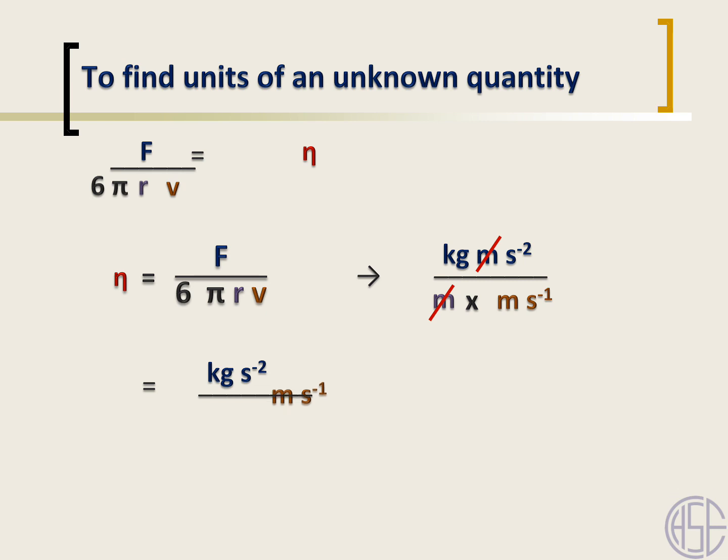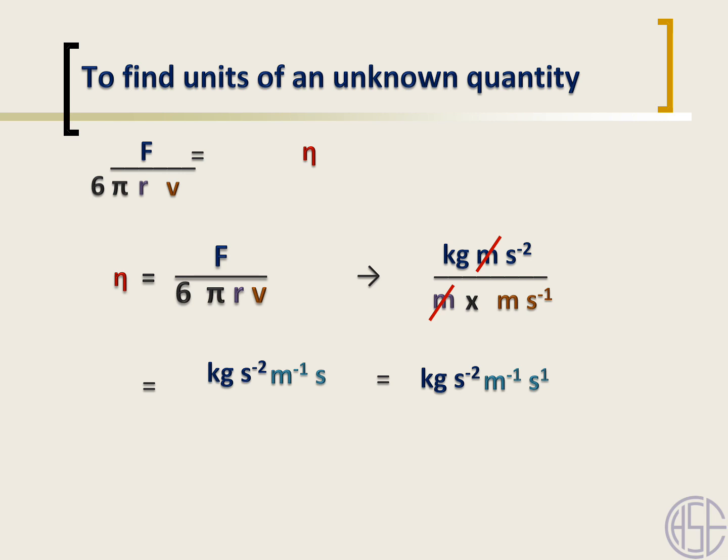So let's see what happens to the meter per second when it goes from denominator to numerator. You just have to take the inverse. Meter per second will become m^-1 s. So again, one more simplification. There is s^-2 and s.